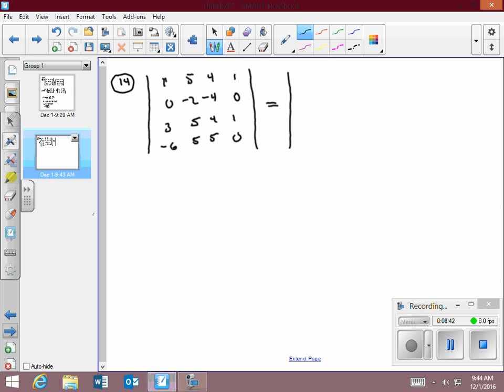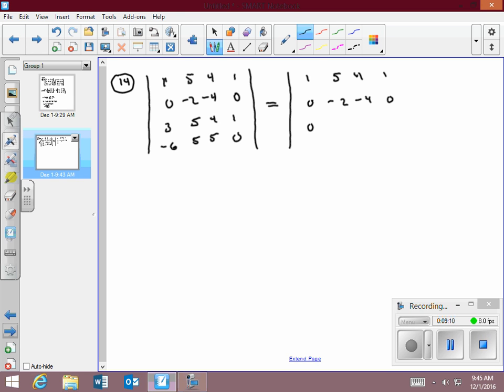Then I can just go product down the diagonal. 1, 5, 4, 1. 0 minus 2 minus 4, 0. I'm going to multiply the first row by minus 3 and add it to the third.